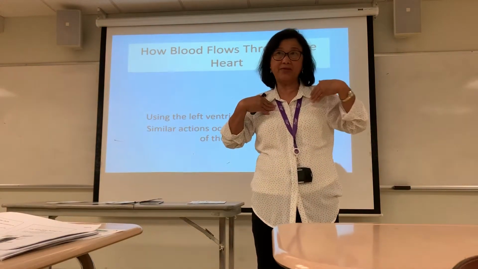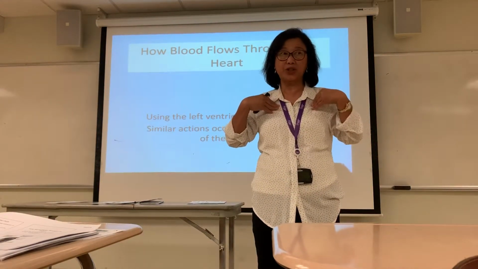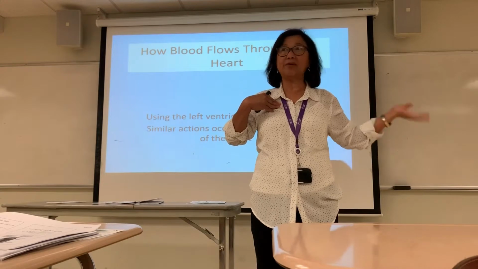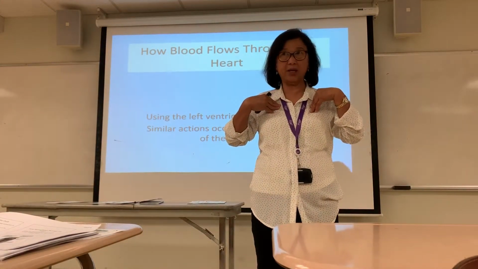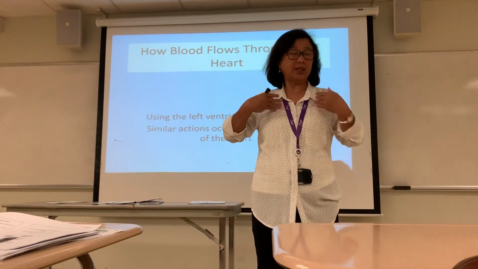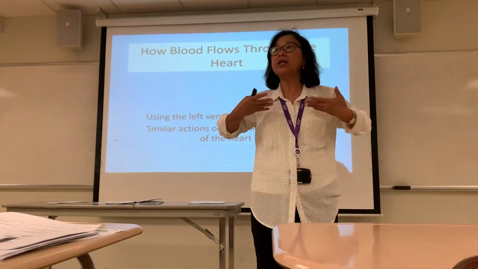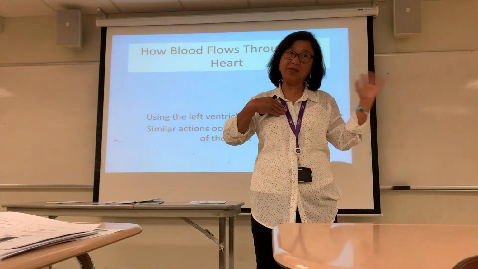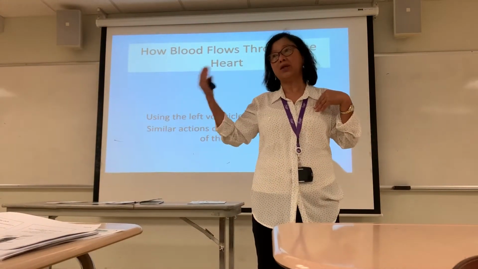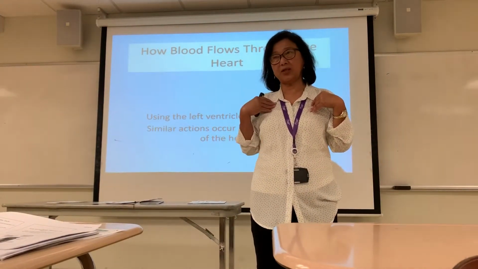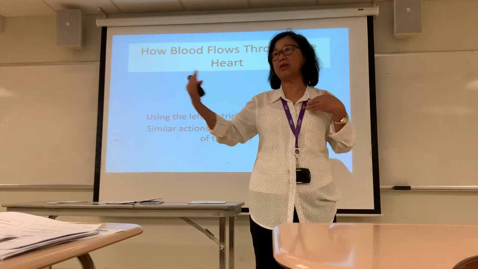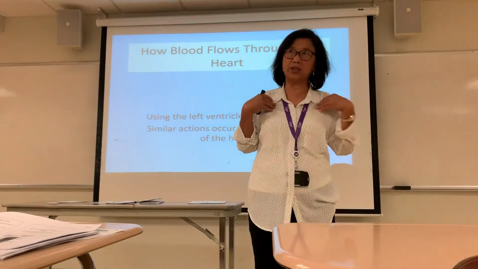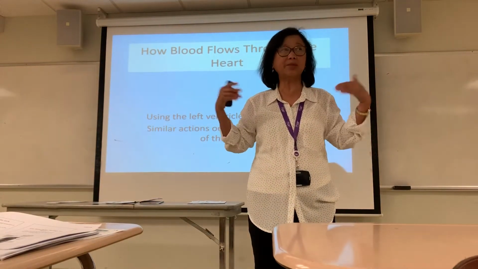On the left side of the heart, the left atrium, the blood flows coming from the lungs, right? It is oxygenated. So they do this simultaneously. The difference is that this one is unoxygenated, this one is oxygenated, right? At the same time.